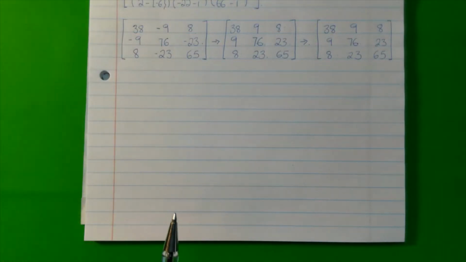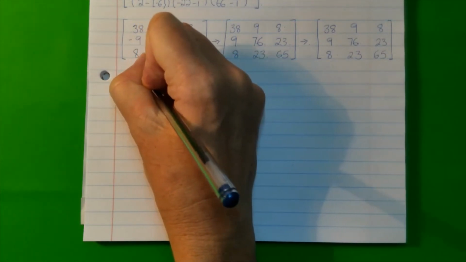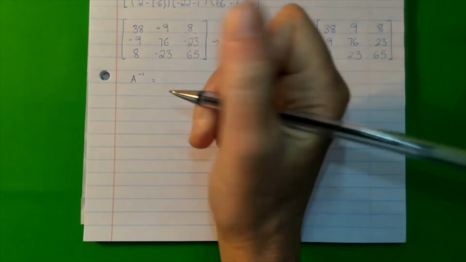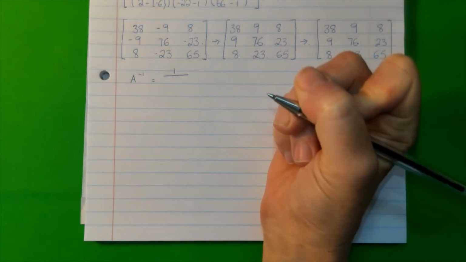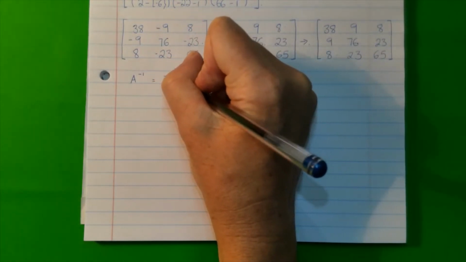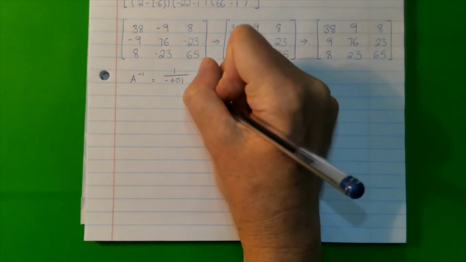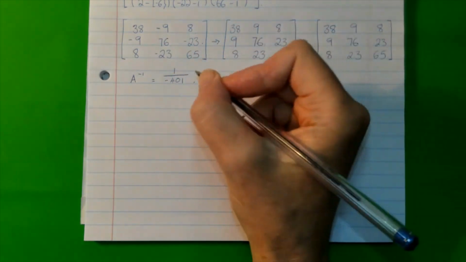So we can now write out the inverse of matrix A. It's 1 over the determinant, which remember we calculated previously as negative 401, times by this matrix here.